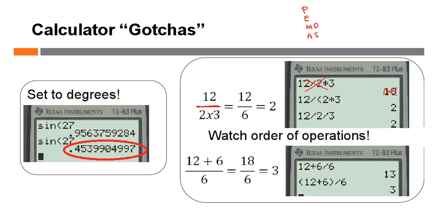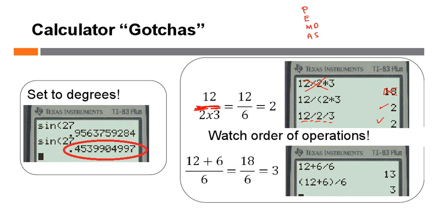So I've got 12 divided by 2, and I've also got divided by 3. So you could say 12 divided by 2, that'd give you a 6, 6 divided by 3 would be 2. So either one of those works. Just be careful and think about what the calculator thinks you're saying to it. It does exactly what you actually say to it, so watch out.